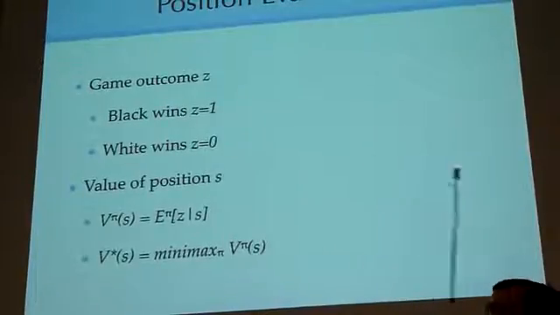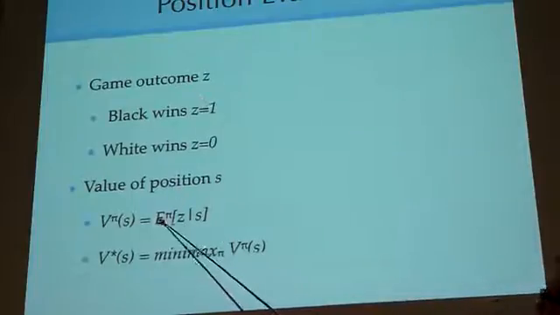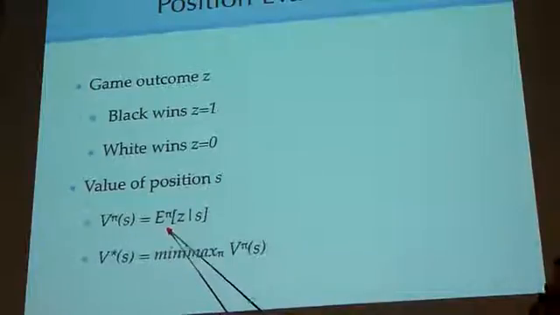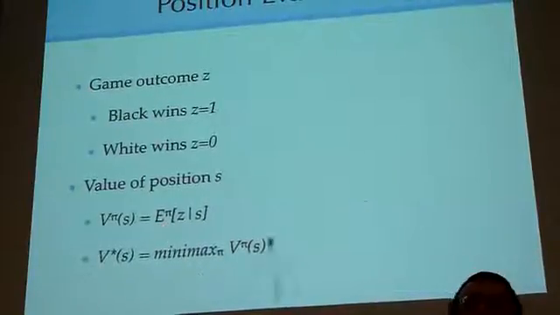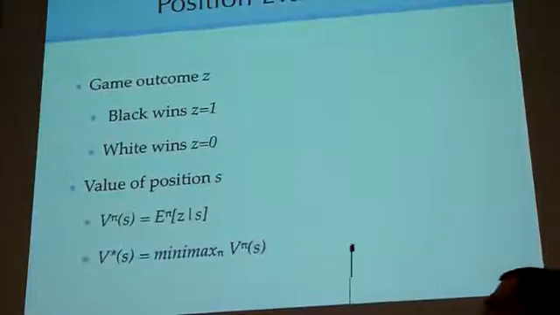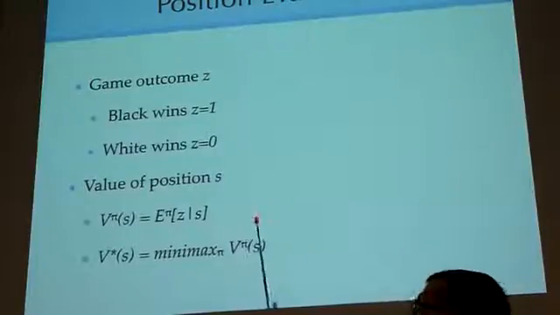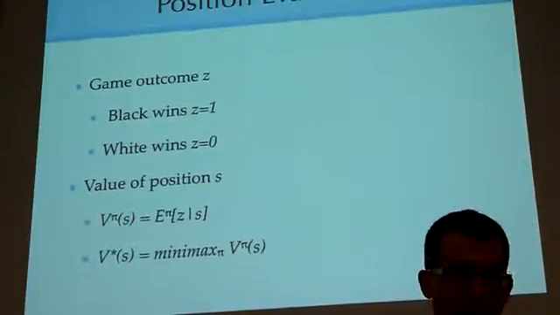How good is it to have 3 black stones over here and 2 white stones over there? One way to evaluate it is by saying, well, the definition of value is the expected reward that you're going to get from that position. Like, what's the expected outcome? Will I win or lose from this position? And we want to know, well, is it 80% or is it 60%? And then we want to prefer to move to the states where we have a higher value.